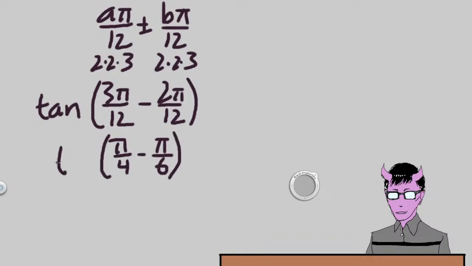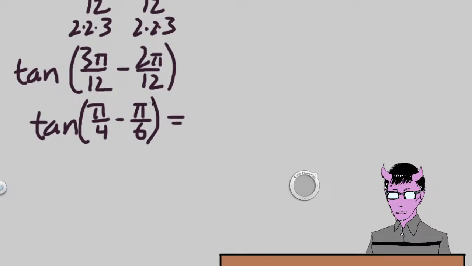Alright, so practicing the trig one. Hopefully we've memorized it by now, but if you haven't, for tangent, we're going to keep the same sign, because tangent is the ratio of sine over cosine. So the sign convention follows the sign convention on the top.